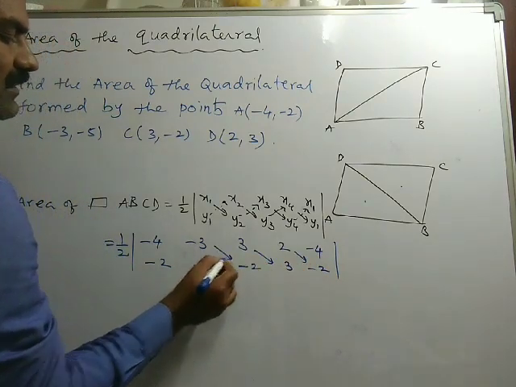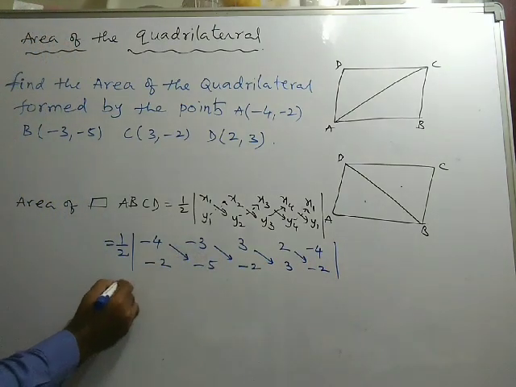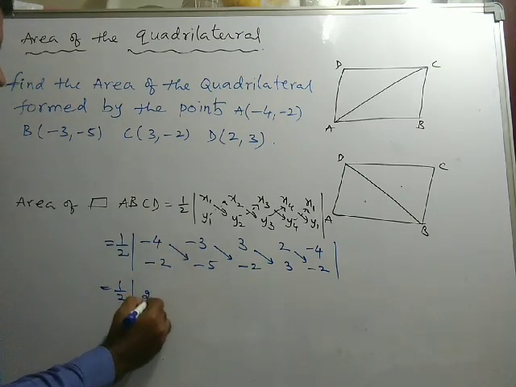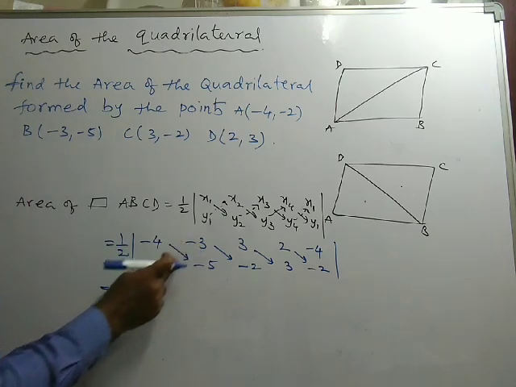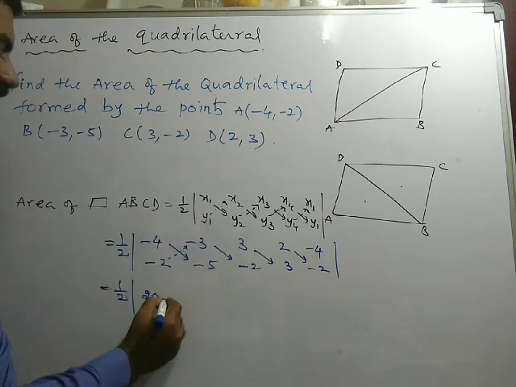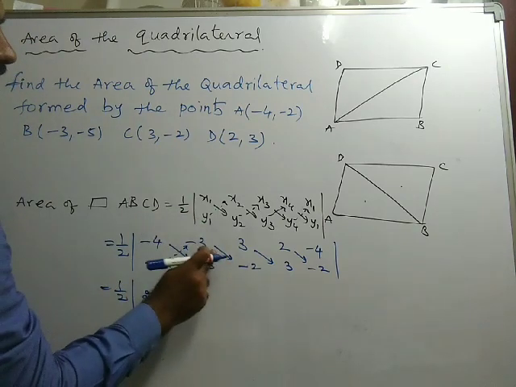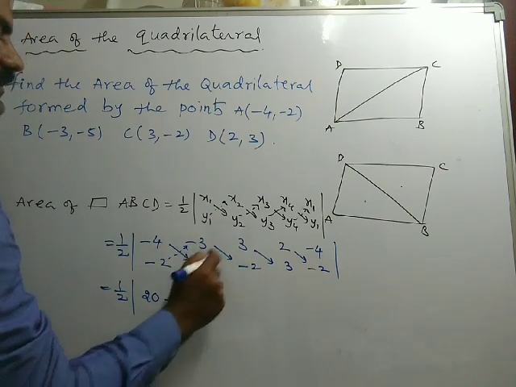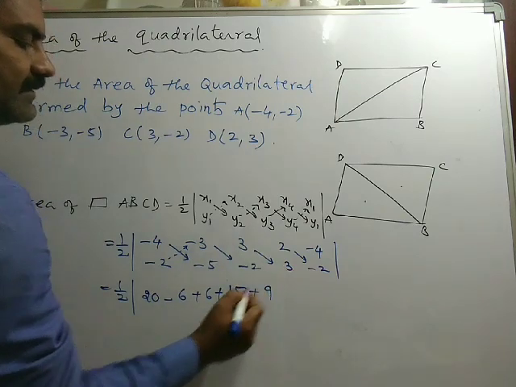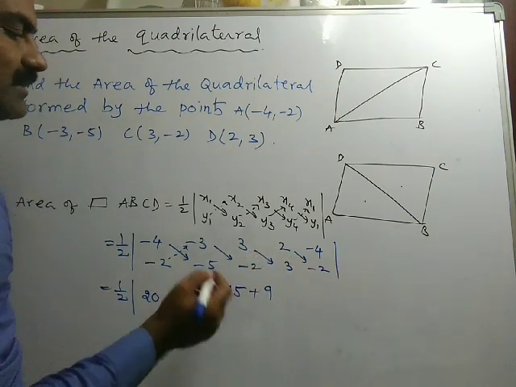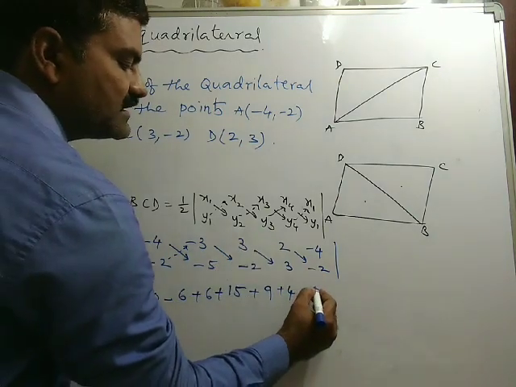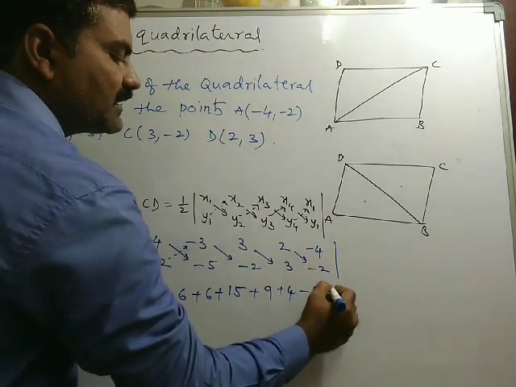This arrow indicates that the product is taken as it is. Half modulus of -4 into -5, which is +20, and -2 into -3 is actually +6, but because of this direction we need to take -6. Coming to -3 into -2, +6, and this is +15. 3 into 3 is +9, and -2 into 2 is actually -4, but because of the opposite direction +4, and 2 into -2 as it is -4, and finally this product is +12.